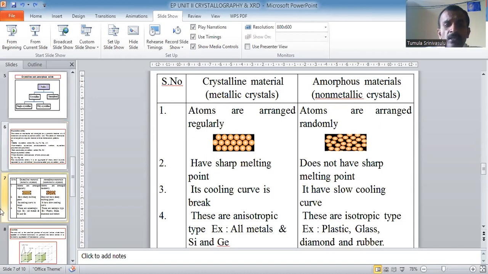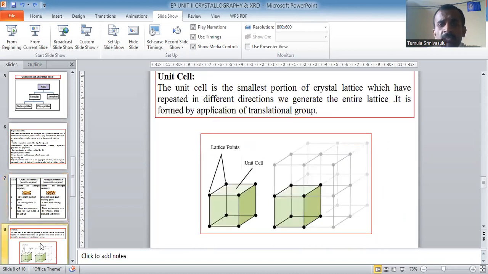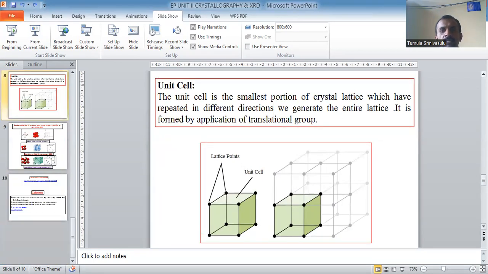Students, every crystalline material has a large number of unit cells. Suppose you take the NaCl crystal structure, it has a large number of NaCl cubes. That's why we said the smallest portion of the crystal lattice which is repeated in different directions will generate the entire lattice.